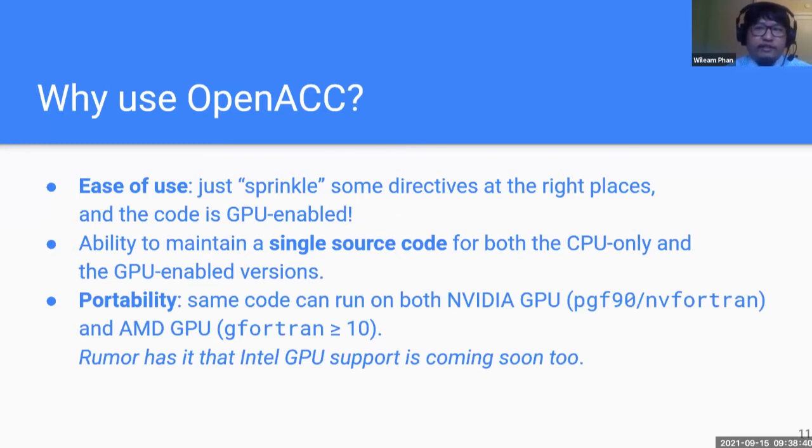But I also tested the same code to run on my own AMD GPU on my workstation with Fortran, and it works. And there are some rumors that Intel support is coming with HIP, SYCL, and things like that. But that's just for the future, for instance when we get access to the Aurora supercomputer at Argonne, if we want to run there, which uses Intel GPUs.